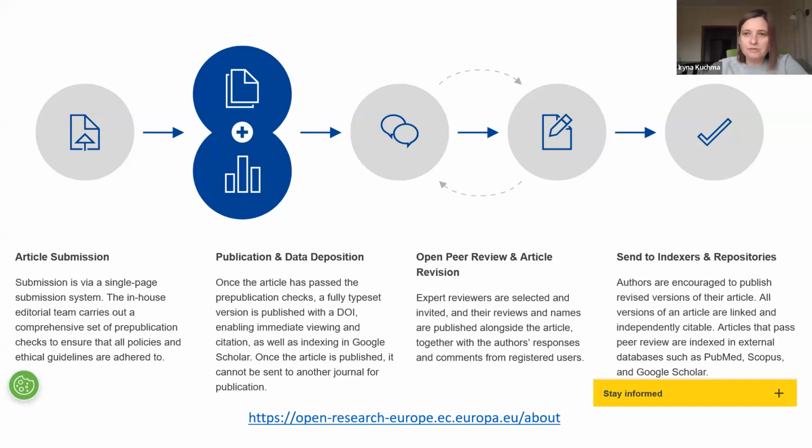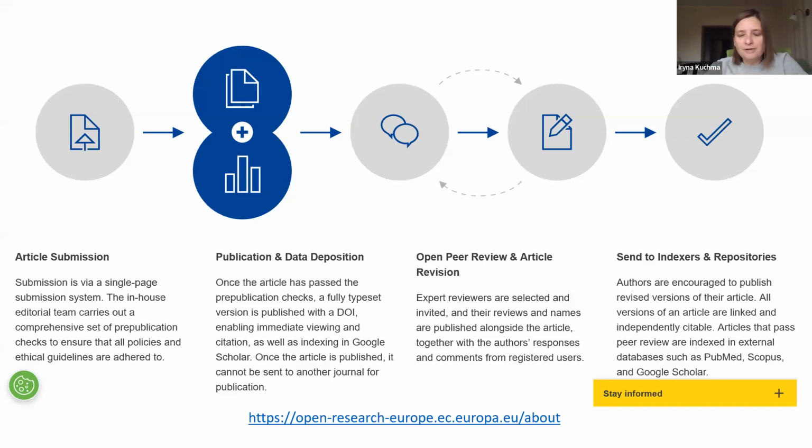And after those initial checks, which last for a couple of weeks, and in my experience, when we submitted an article, there were some questions going back and forth from the editor, so they were really looking very carefully at what we submitted. And after we answered all the questions, when this platform is confident that this is a scientific article that deserves to be shared, it is made available on this platform as a preprint.